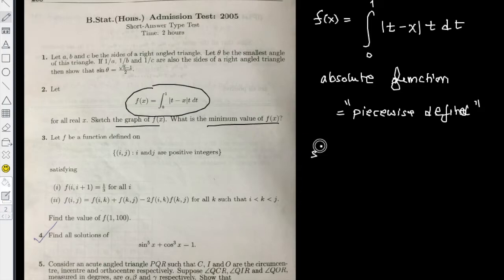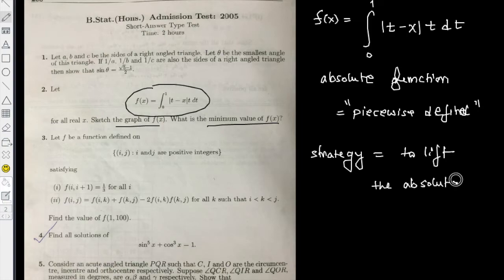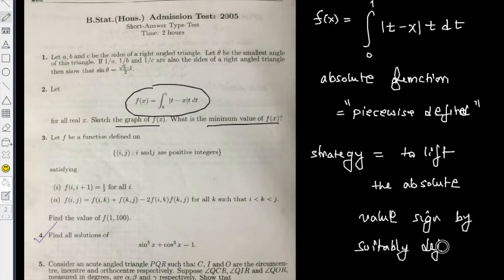So the strategy, and this is true for all absolute value function problems, is to lift the absolute value sign by suitably defining the domain.